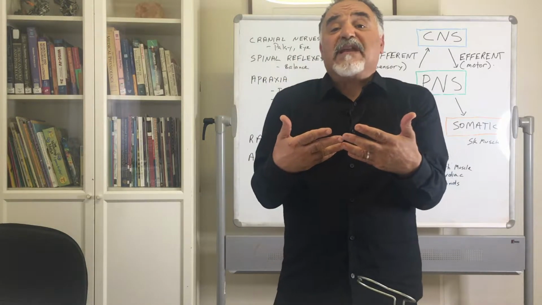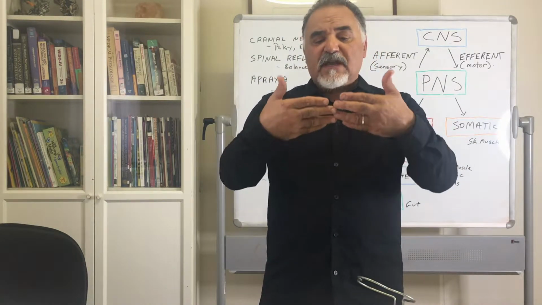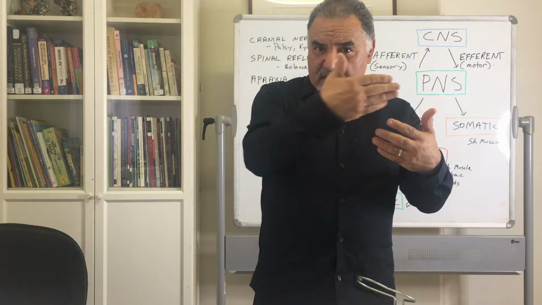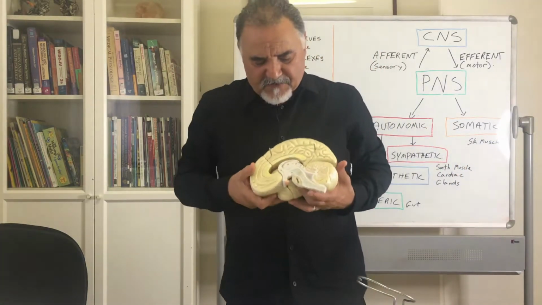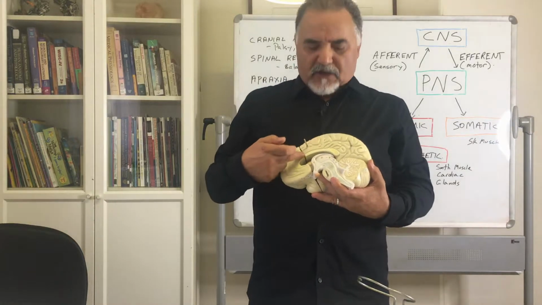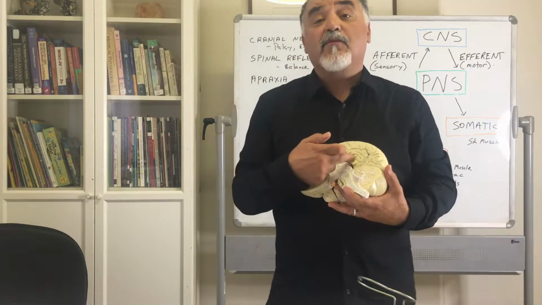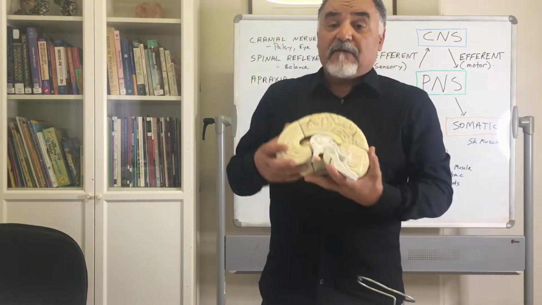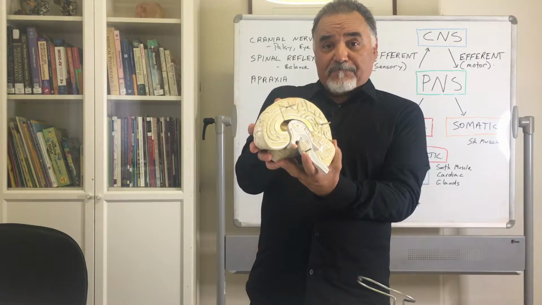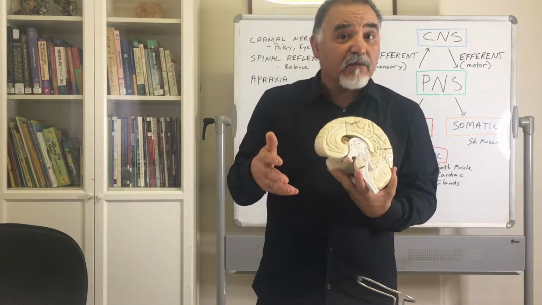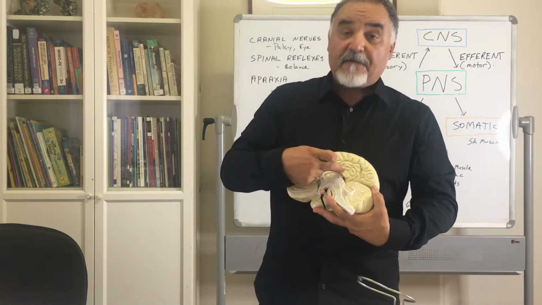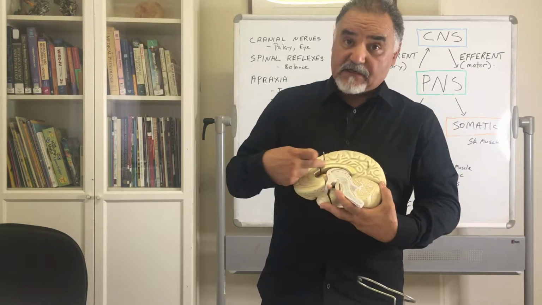By fibers we mean neurons, nerve cells, that run side to side in a lateral fashion. And it's the commissure, or the communicating fibers, between the right brain and the left brain. So the left brain and the right brain can only communicate with each other through the corpus callosum.